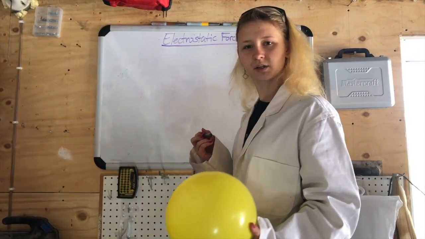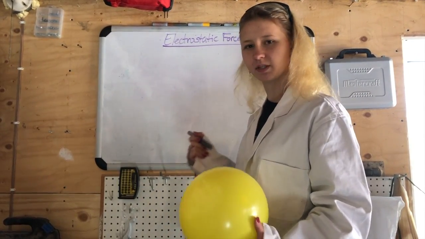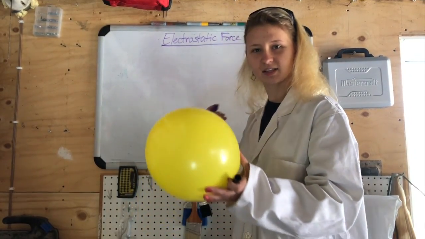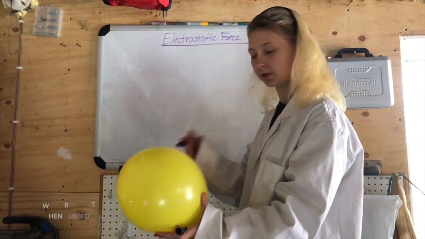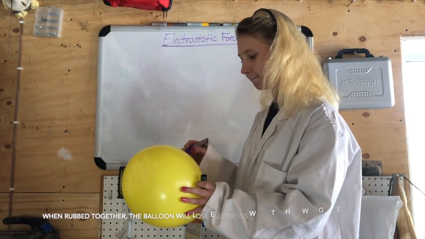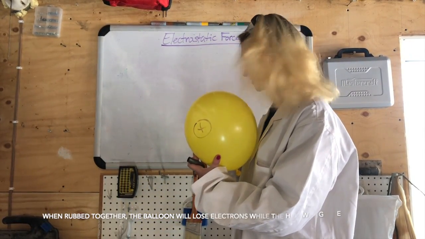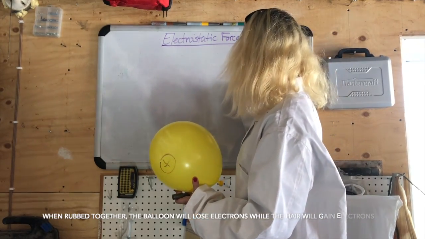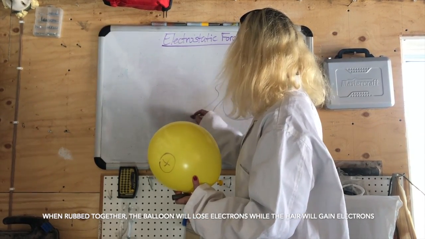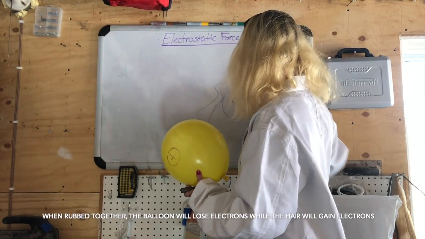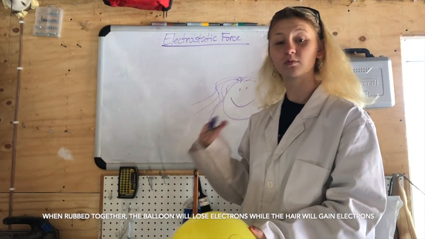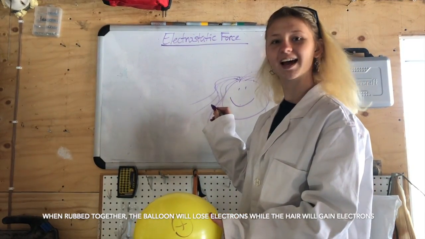So how did that work? Why did my hair go up to meet the balloon? So, the physics behind that is that the balloon, which is made of rubber and is more prone to losing electrons, gains a positive charge. My hair, on the other hand, which is more prone to gaining electrons, gains a negative charge.